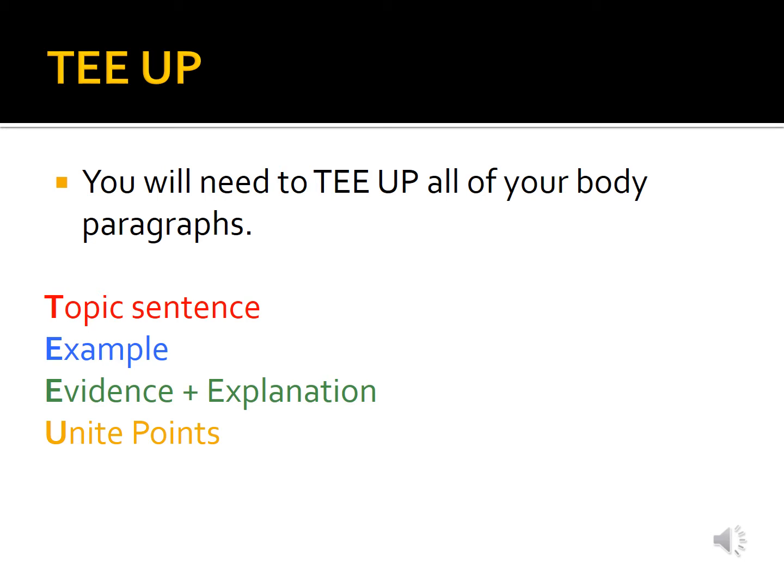You're going to want to start by first giving a topic sentence where you're introducing to your reader what the topic of that paragraph is. Once you have your topic sentence and you've addressed what that subtopic is, then you're going to want to go into that specific example.